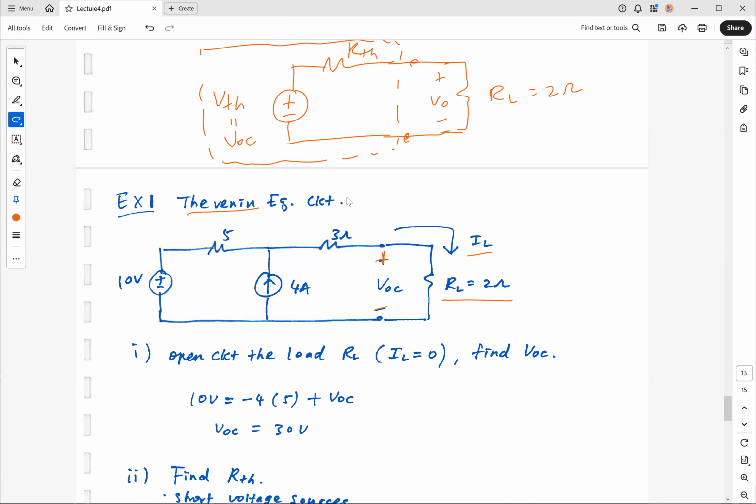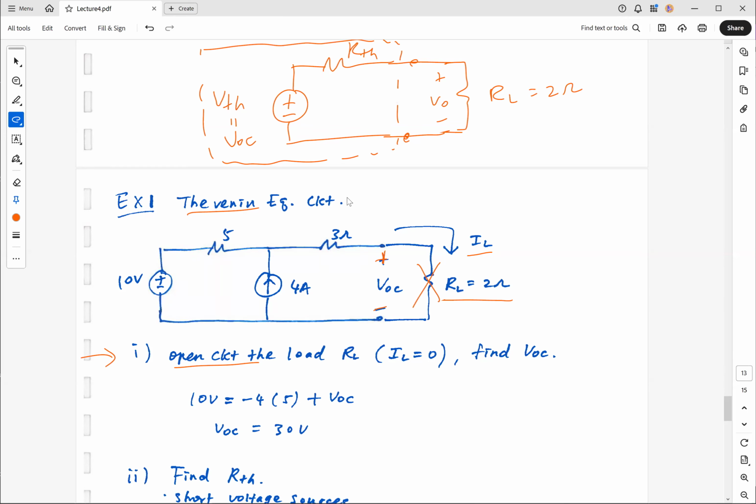Then I'm going to go to my first step. What I need to do is open circuit the load. Assuming for this first step that this load RL is now opened up, it becomes an open circuit, meaning I can simply cross this one.